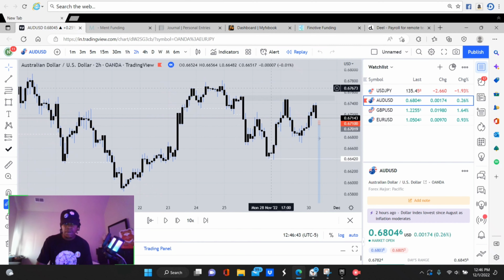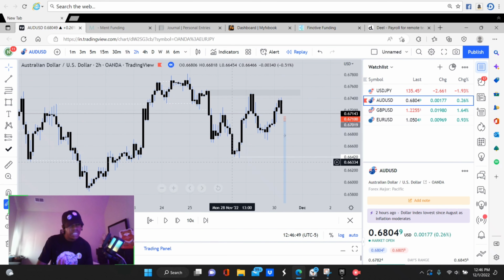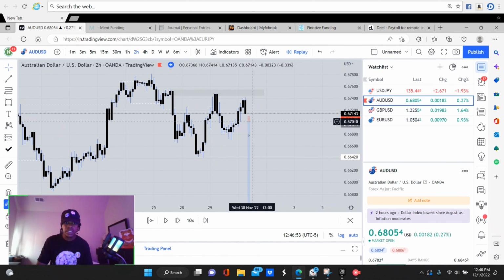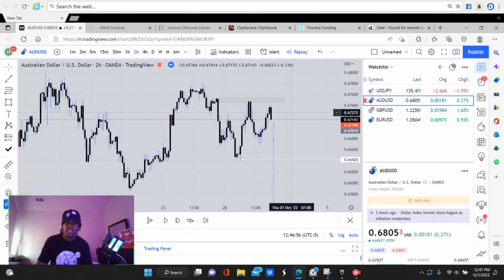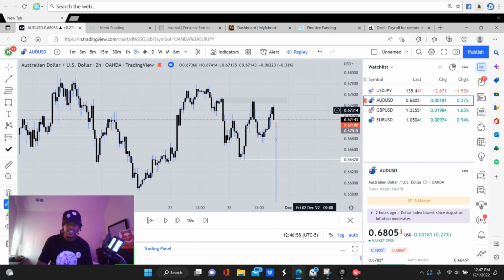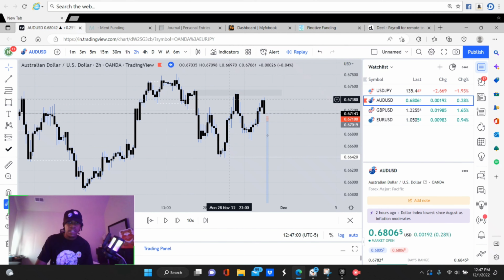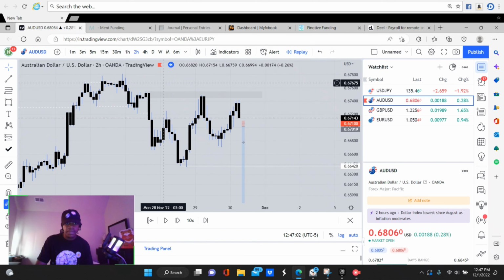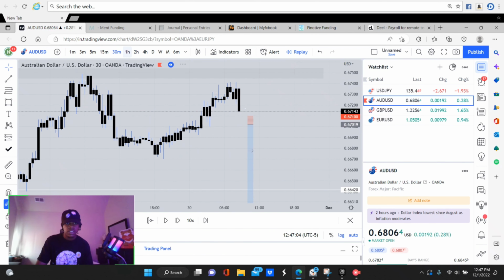There we go. So price was already tapped into this zone, and I noticed it started pulling back down. I noticed that the most likely target is this low right here, but I still understand that if price did break this zone, it's most likely going to head up to that daily zone.